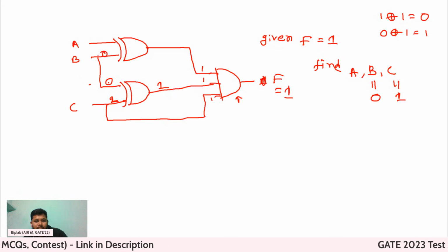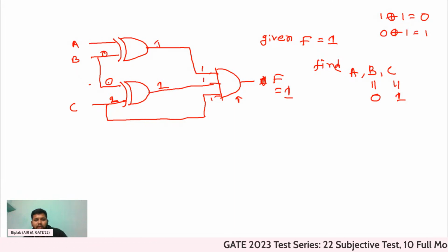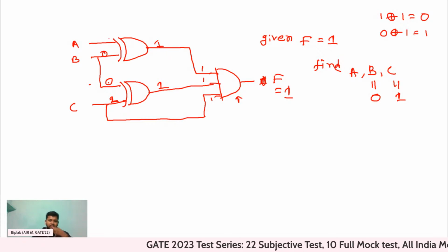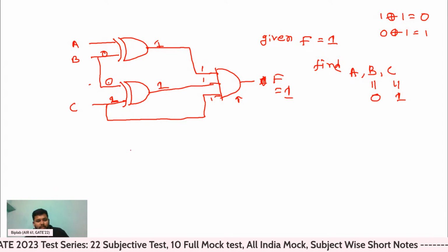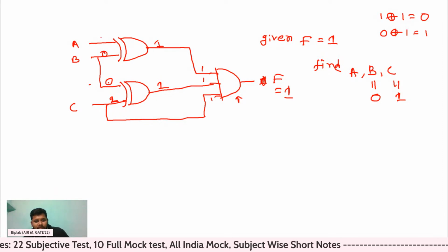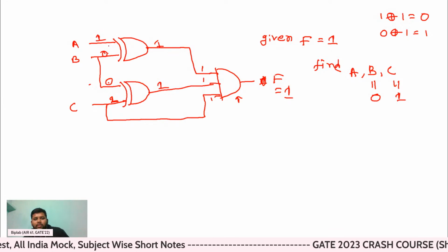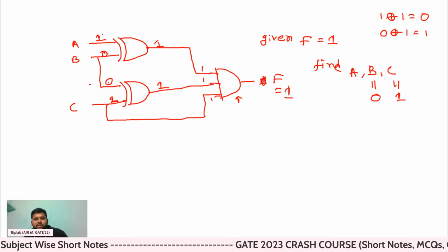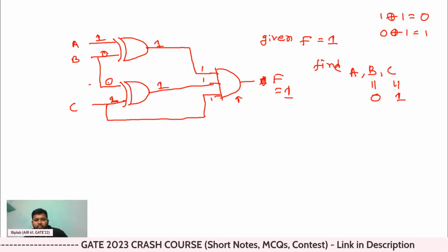Now your B here is 0, but your output is 1. So what should be the value of A so that your output is 1? Your value of A can be 1. 1 XOR 0 is 1. If you put 0 here, then your output of XOR will be 0, which you don't want.